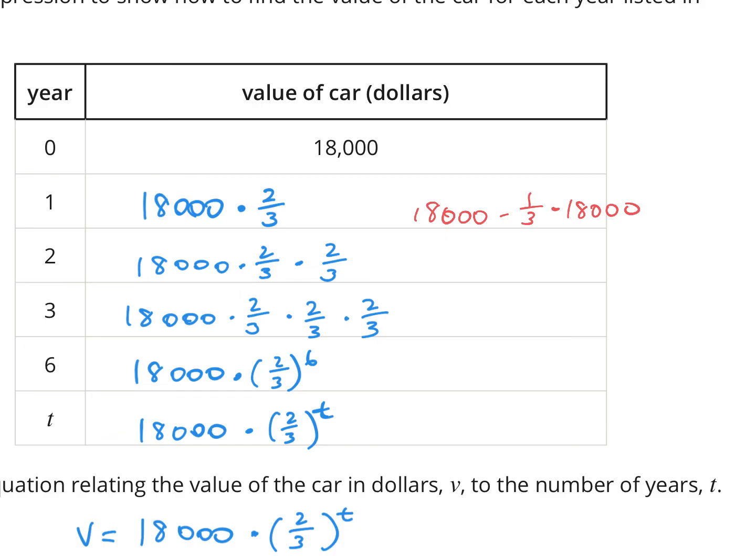But as we continue to go in years, we're going to have to keep multiplying and keep writing the subtraction. And so it just gets a little messy when we do it this way. So that's why we try to avoid the subtraction way, and we focus on just figuring out what that growth factor is or decay factor and writing it in a simpler term.